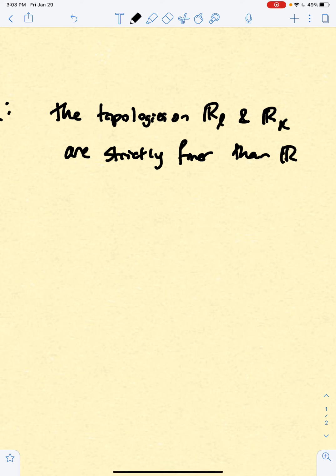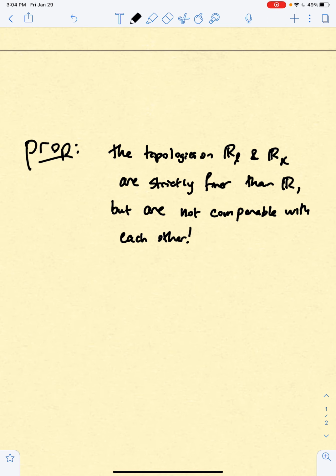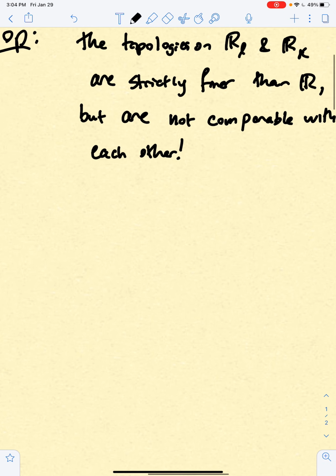And moreover, the lower limit and the K topology are not comparable themselves.